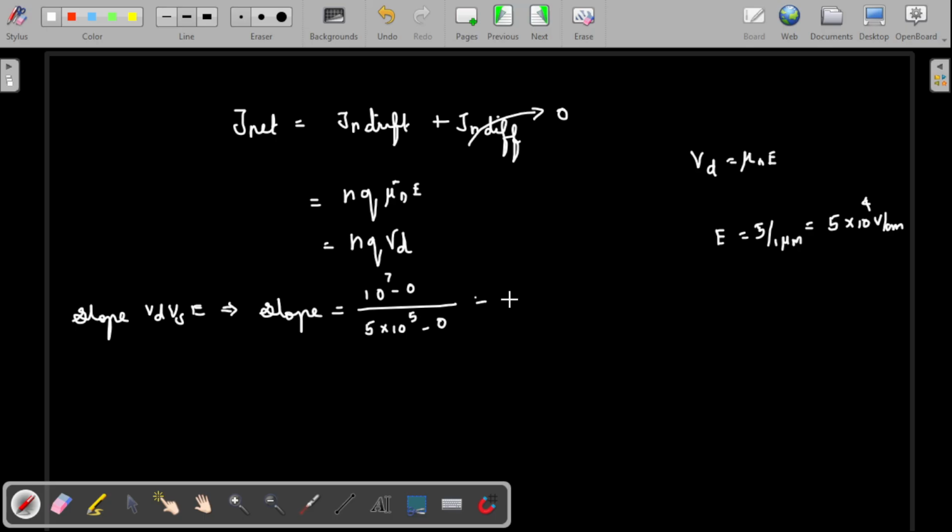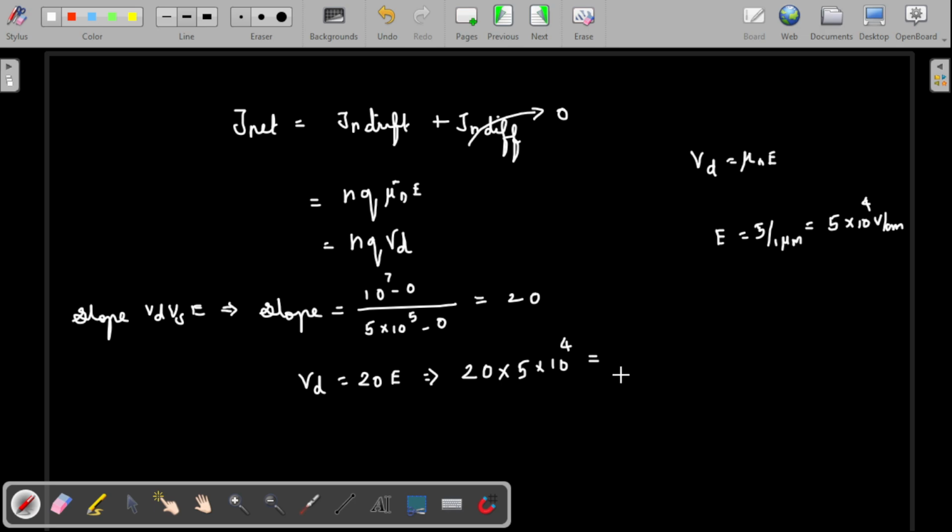If we cancel it, we get the slope equal to 20. So 20 is the value that we will be getting here. This is a linear slope region, right? So Vd will be equal to the slope value into the x-axis, that is E. Let's substitute E here: 20 into 5 into 10 power 4. So this will be the value that we will be getting.